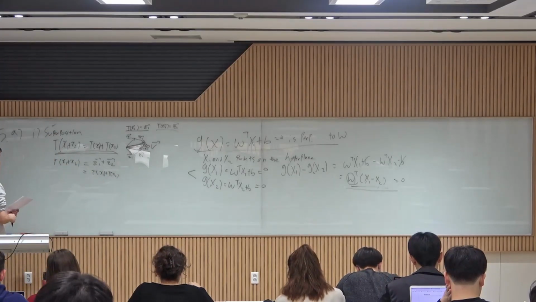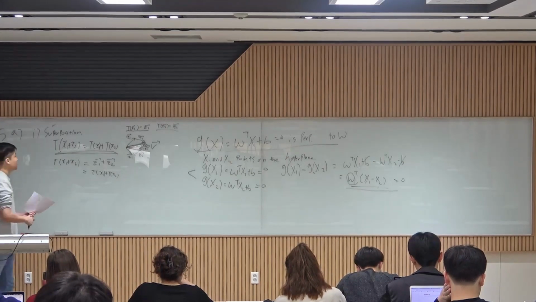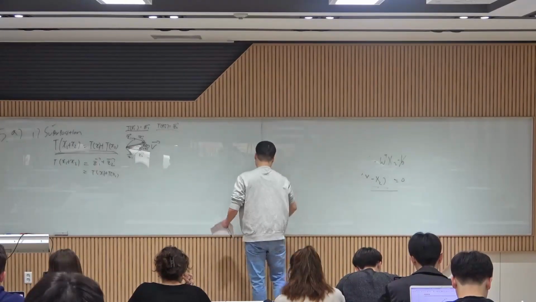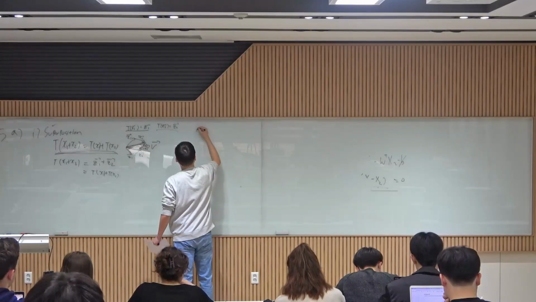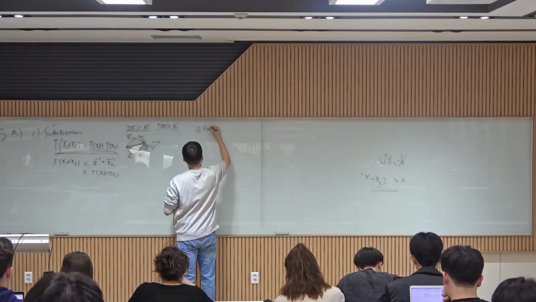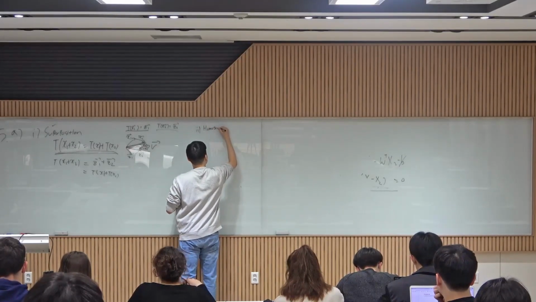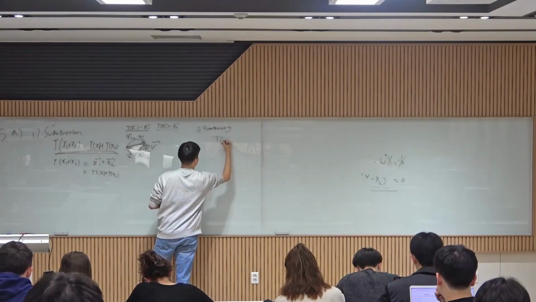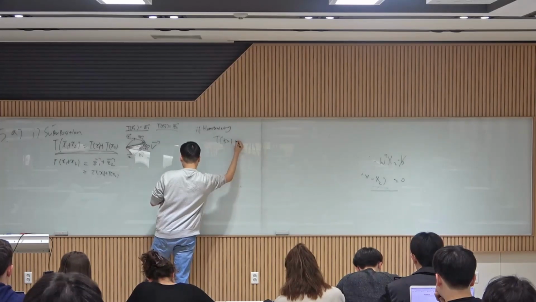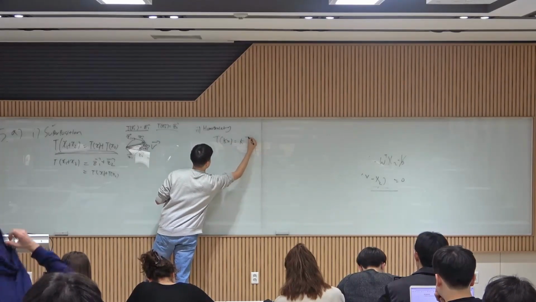The second thing you need to satisfy so that the transformation can be linear is homogeneity. So what is homogeneity? Homogeneity is defined as T(kx) is equal to kT(x), okay?